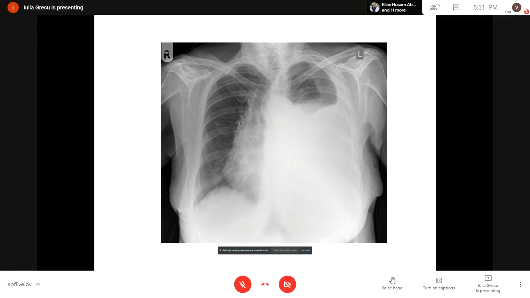You have to describe the basic characteristics of the opacity. That is homogeneous, intense, depending on the amount of fluid, and if there is a large amount of fluid, it will be most intense in the most dependent area.